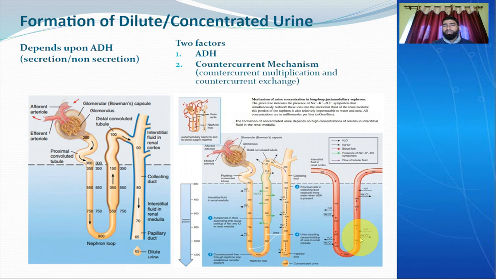And when the blood ascends, due to the decrease in osmotic gradient upwards, water diffuses in and ions diffuse out.